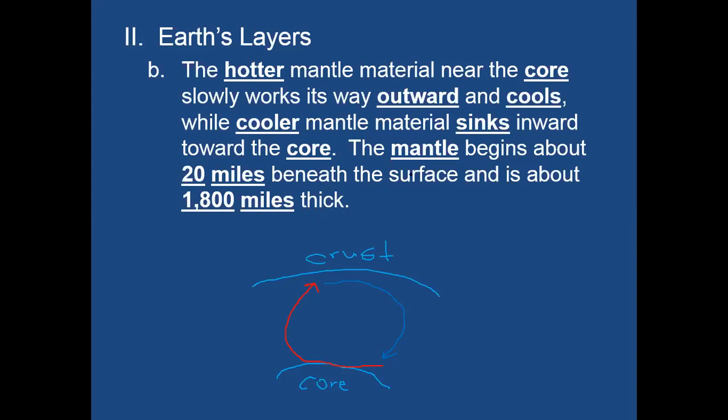If you live all the way north in Fort Collins and you were to drive all the way down to South Loveland, you might be able to go 20 miles. So if you imagine driving that distance straight down into the earth, you would just barely get to the mantle. And it's about 1,800 miles thick, which would be long enough for you to fly pretty much across the United States.